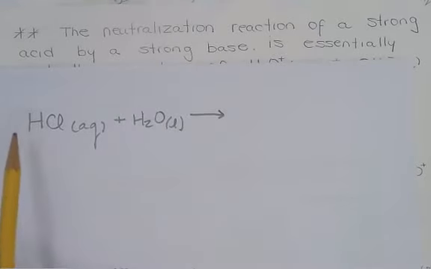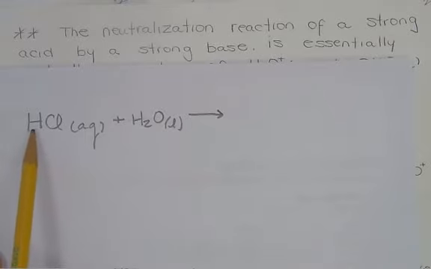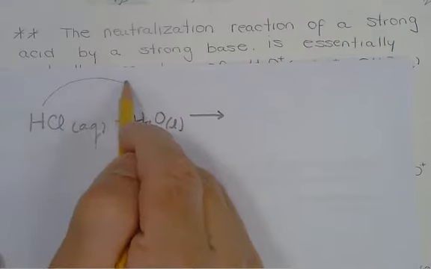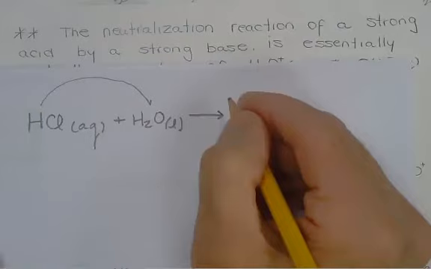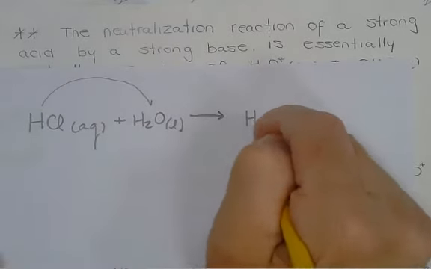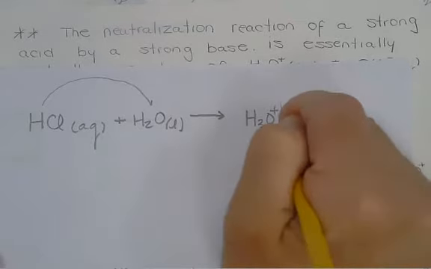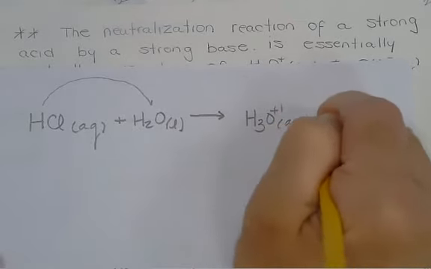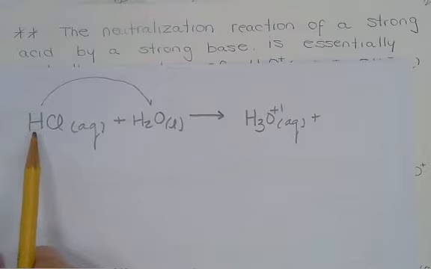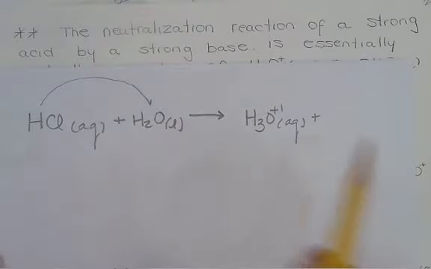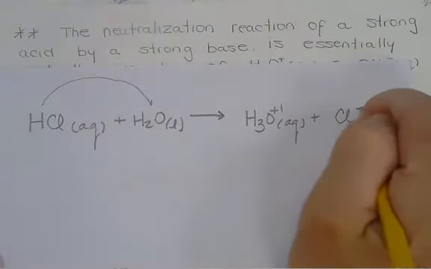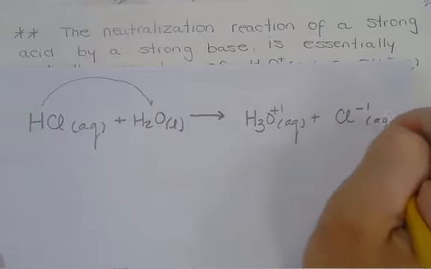If it's a strong acid, this H is dying to come off of the Cl. It would be much more stable attached to the water molecule. So the H plus goes off onto the water molecule to make H3O plus, aqueous. And if I do that and make an H3O plus, what's left behind over here is a chloride ion, also aqueous.